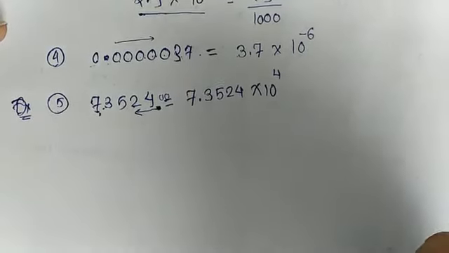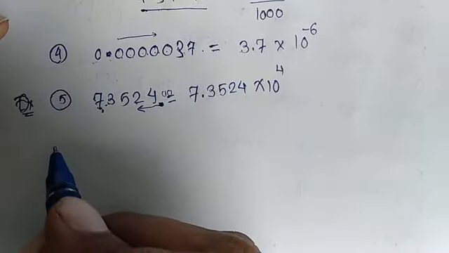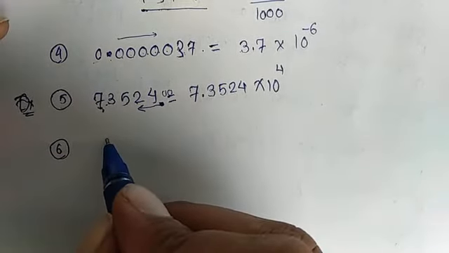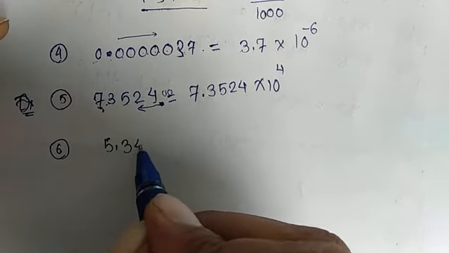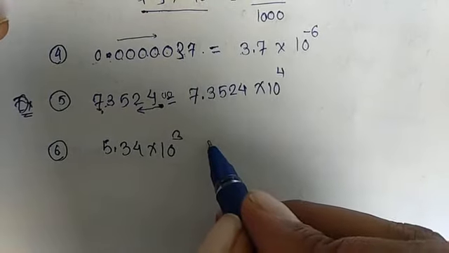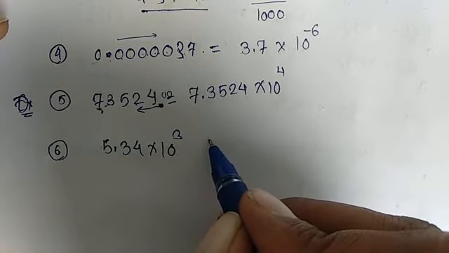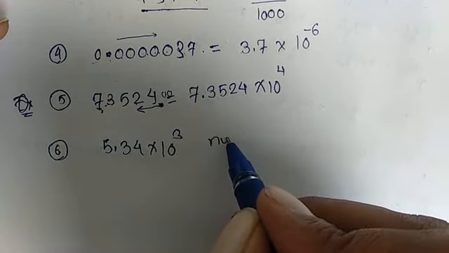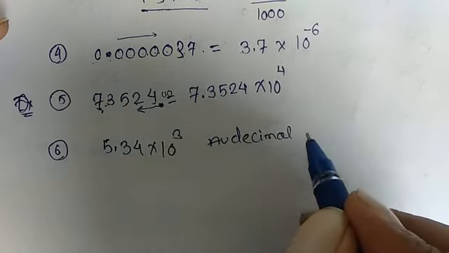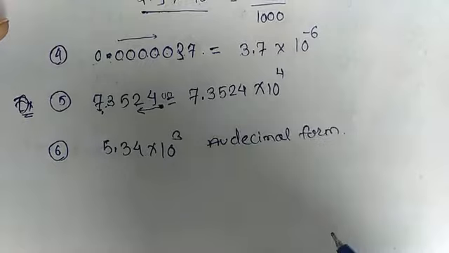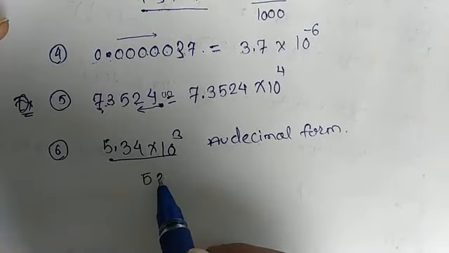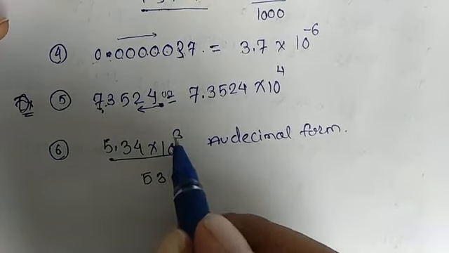In some examples, if we are given 5.34 times 10 raised to 3, and we have to write it as a number in decimal form. To write the decimal form, it can be written as 534, and here it is 10 raised to 3.